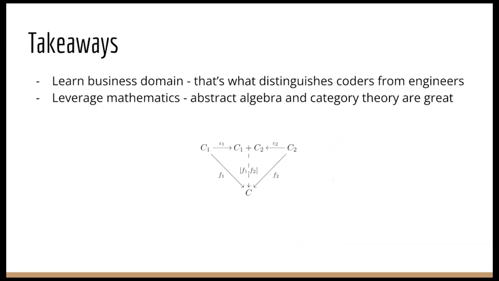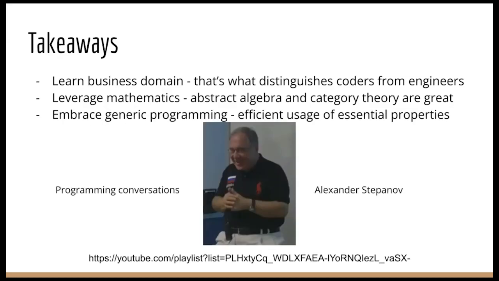Leverage mathematics. Hundreds and thousands of years, really smart people have invested in building richness and rigorousness of the mathematics, and we can leverage abstract algebra and category theory to do things efficiently.